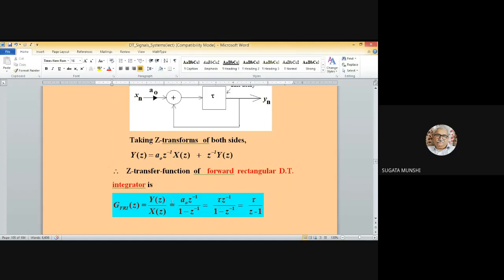And this is the transfer function of the forward rectangular discrete time integrator.